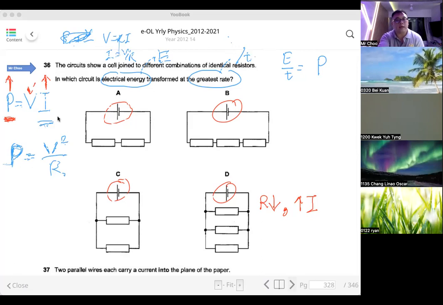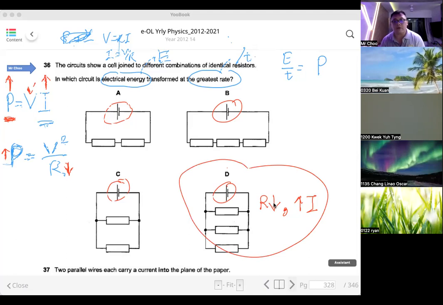And we know that V is fixed. So for the power to be the greatest, your resistance needs to be the smallest. So you look at these four configurations. Which one has the lowest resistance? The answer will be D.